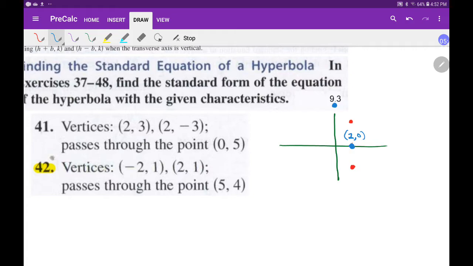Okay, so I know that my asymptote's going to look something like this. Obviously, if these are my vertices, this is a vertical hyperbola. It's going to be something like that. Okay, vertical hyperbola. And so let's see. Now I need the formula, don't I?